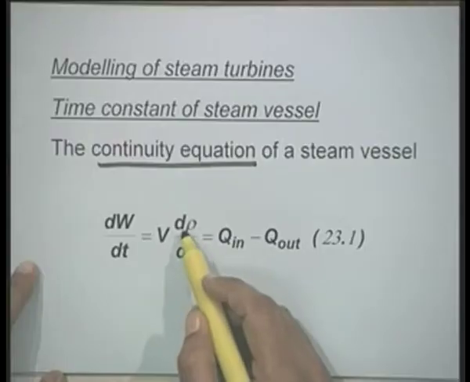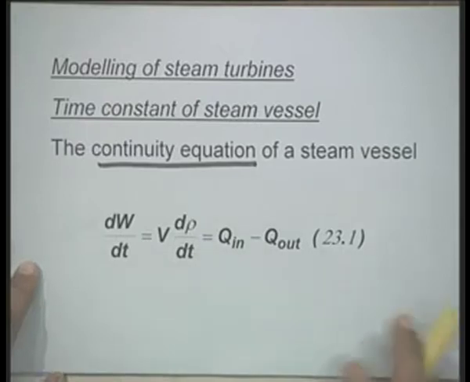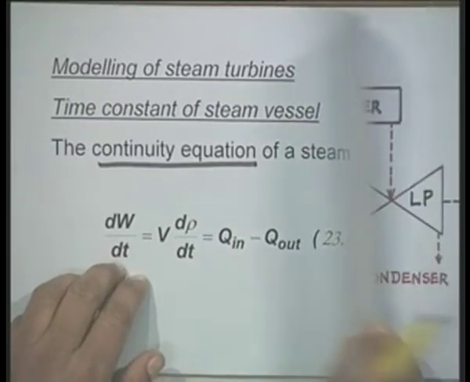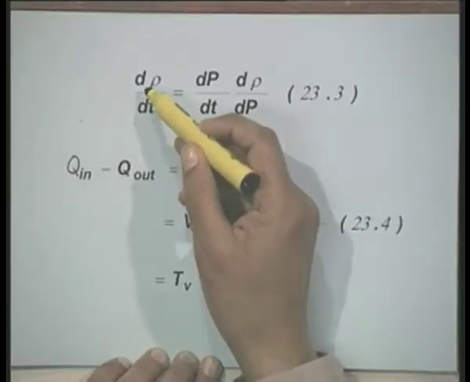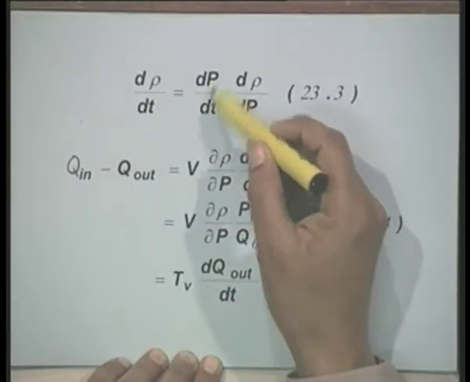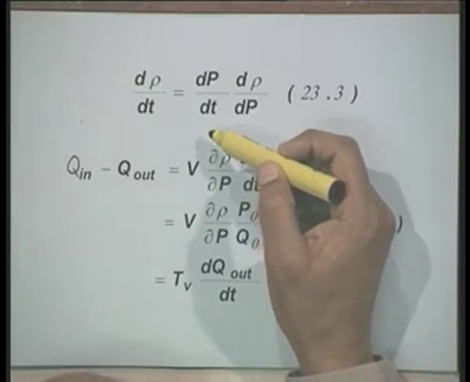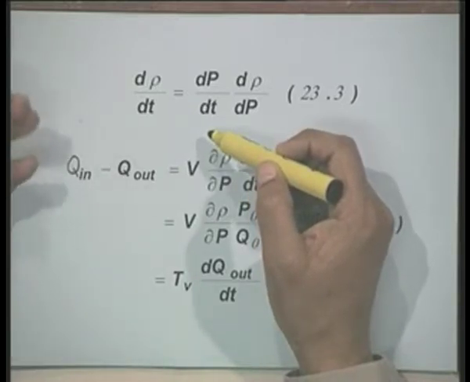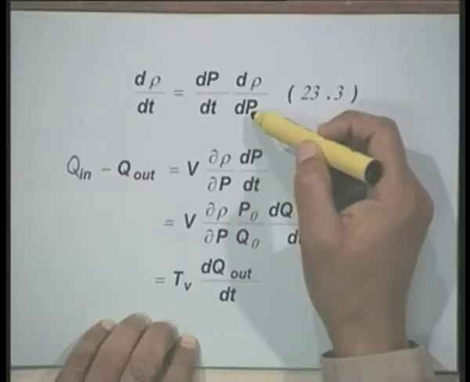Now, to develop the equation, we need the expression for d rho by dt. To obtain the expression for d rho by dt, we can write d rho by dt as dp by dt, that is the rate of change of pressure with respect to time, into d rho by dp.